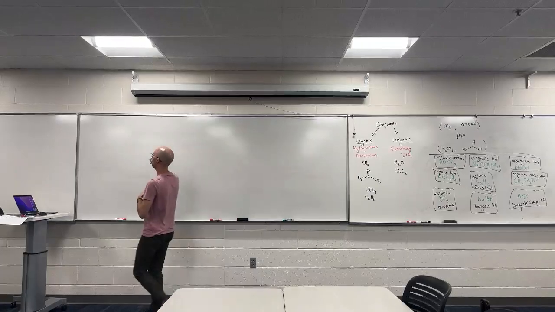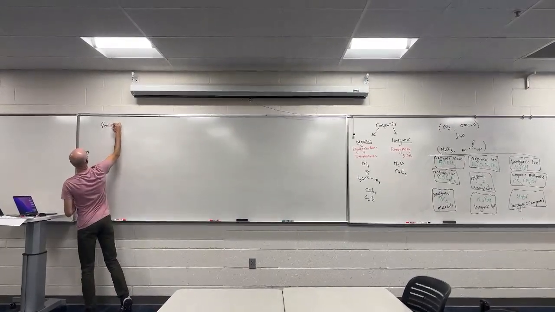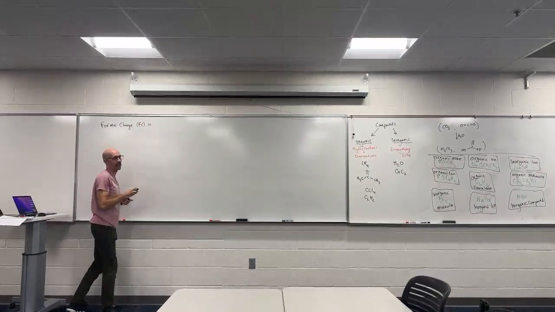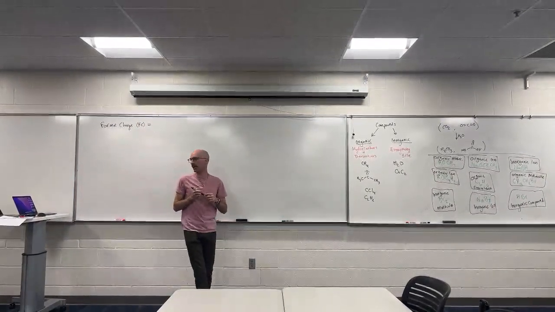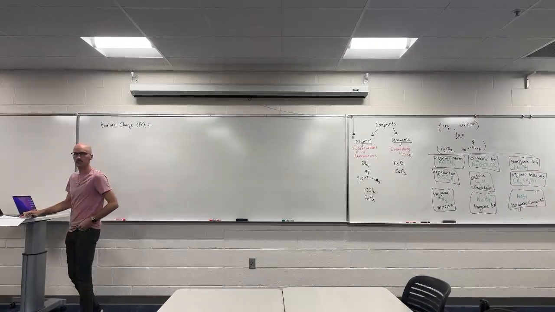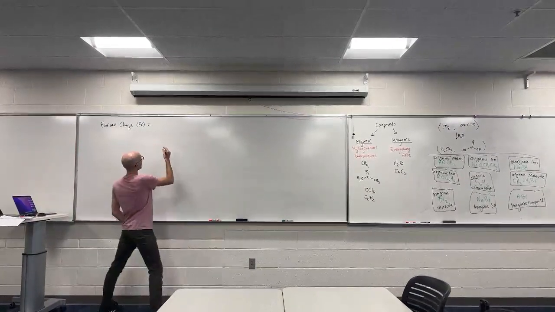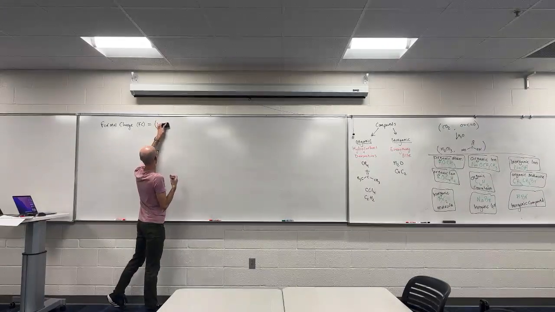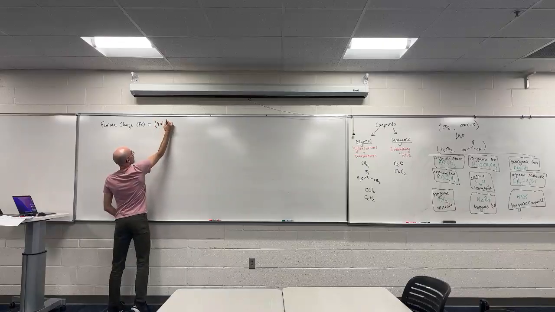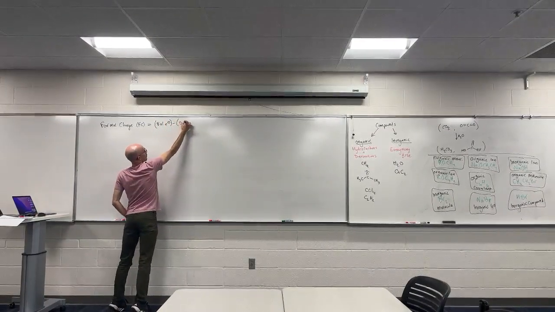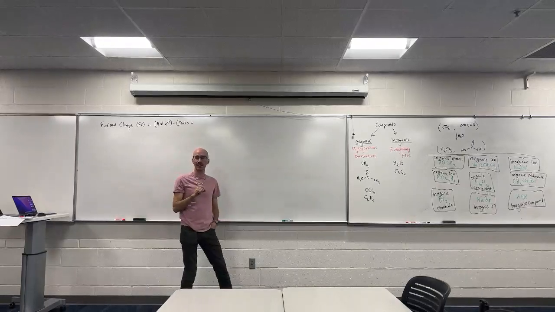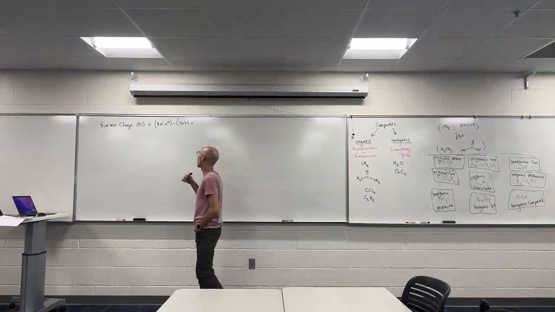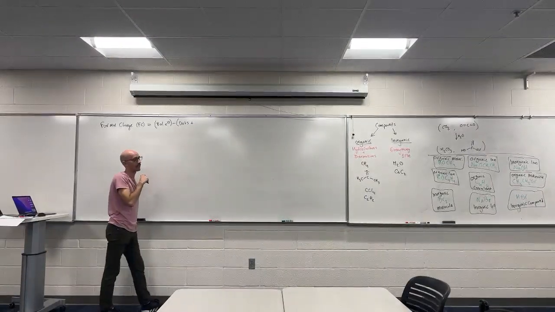So, formal charge, or FC, can be calculated from a Lewis dot structure by taking the number of valence electrons for an atom and subtracting the number of dots that surround it. Remember that dots in Lewis dot structures represent electrons, and the number of bonds that connect it.